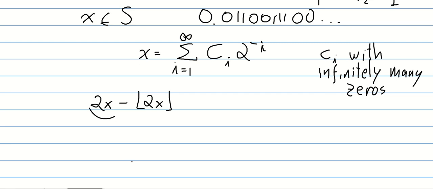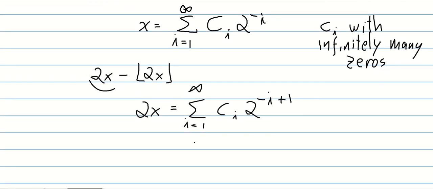First let's understand this part. 2x is going to be the same sum of c_i 2 to the minus i plus 1. This is simple, we're just multiplying all the terms that multiply the coefficients. But this can be rewritten, and we can count from 0 instead.